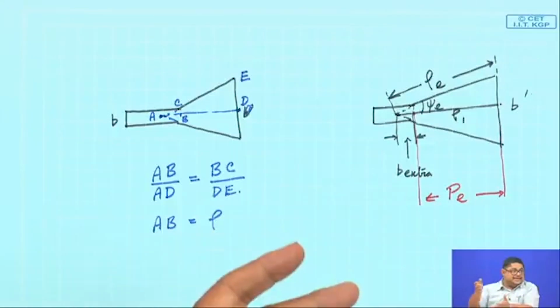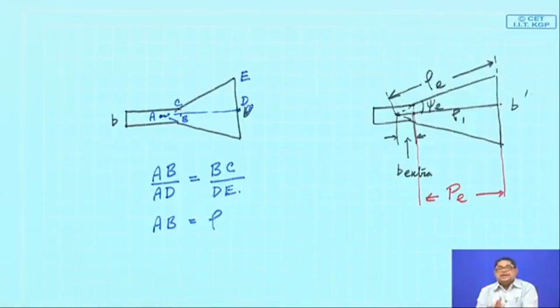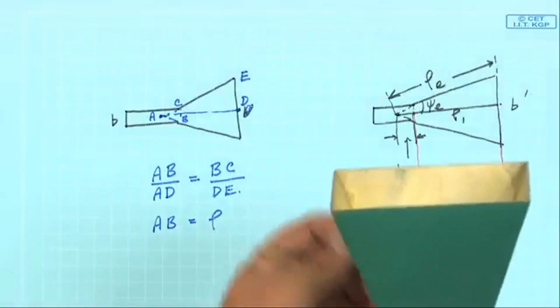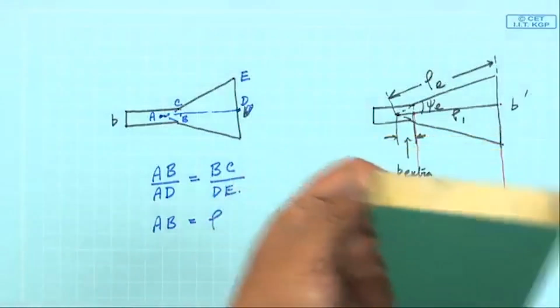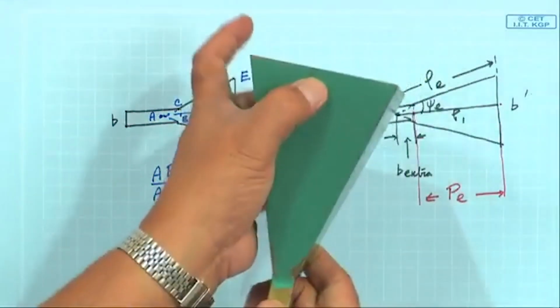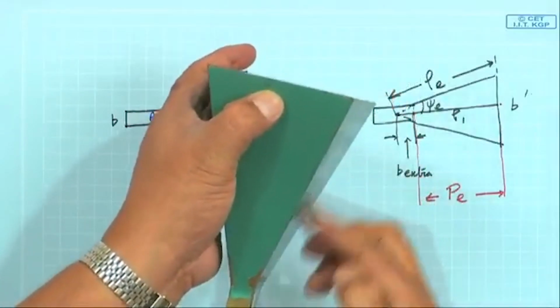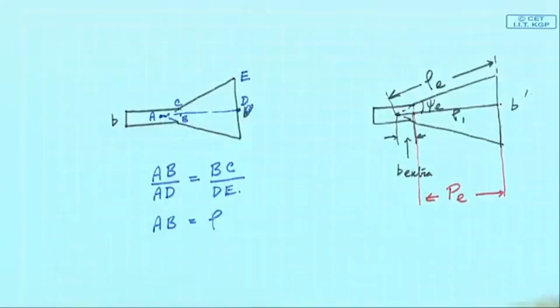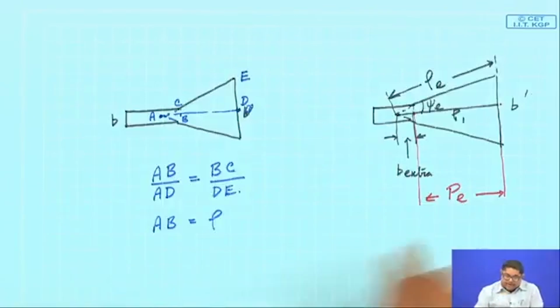That is the constraint for designing a horn: physically they should be the same. This distance and this distance should be same, otherwise it cannot be fabricated. So, I am trying to calculate P from the given data.